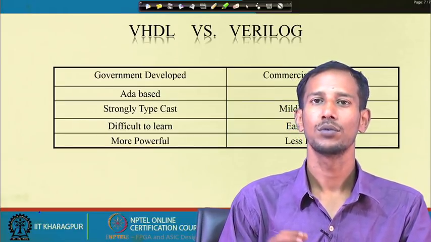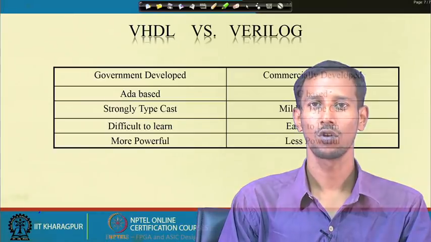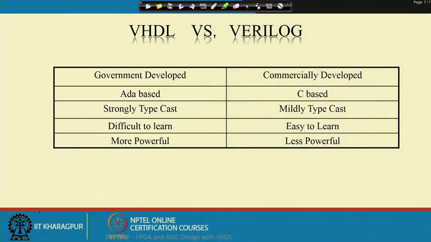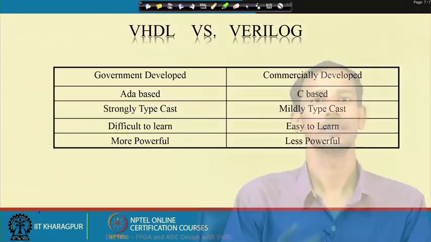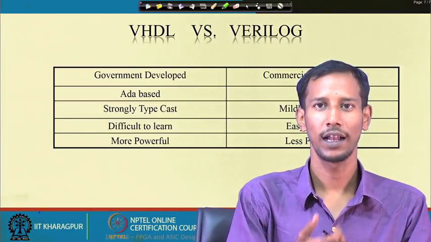Whenever you are using an automation tool to design your system, a system definition language should be there. That is why there are hardware description languages, specific languages by which you can describe the hardware, and the tool will know that this is a hardware description language.